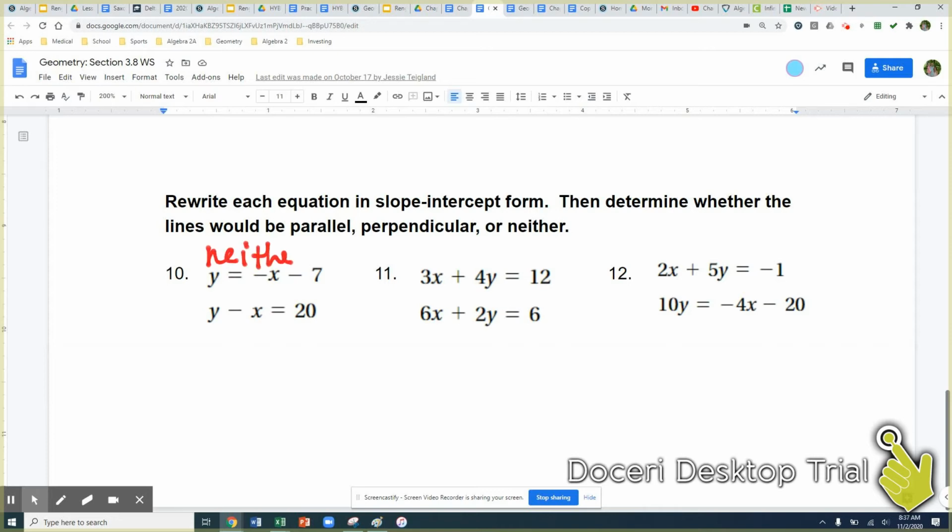So we don't need to worry about that one. That one's going to be neither parallel nor perpendicular. But parallel means your slopes are the same. And perpendicular means your slopes are opposite reciprocals.